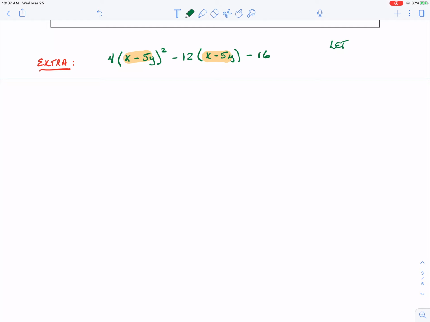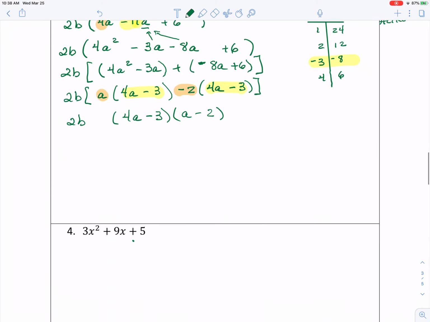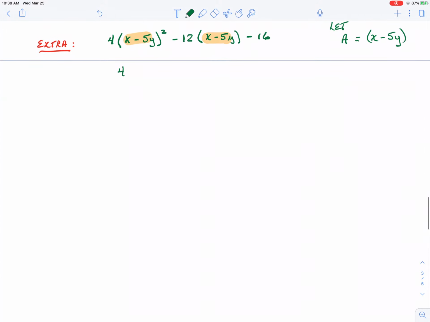I'll just choose the letter a and let it represent, just for a few minutes, this parentheses, x minus 5y. So you go in and you allow a to replace that parentheses x minus 5y.